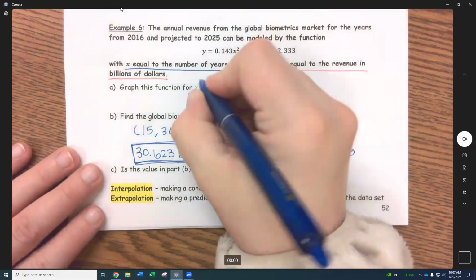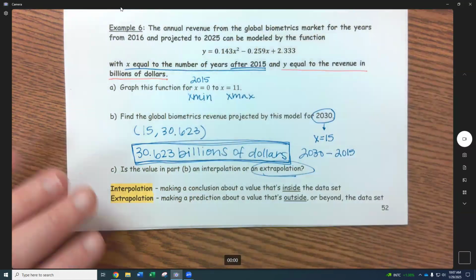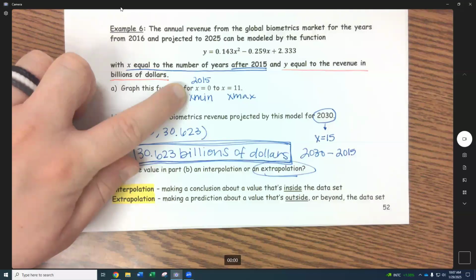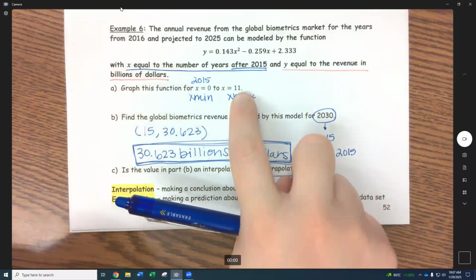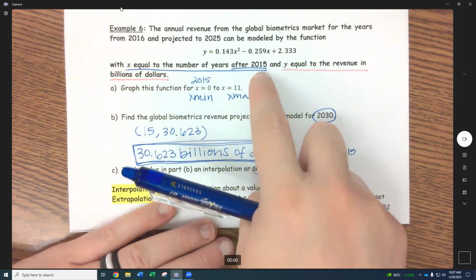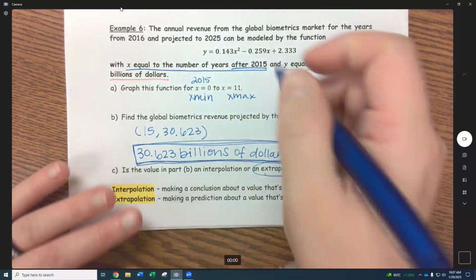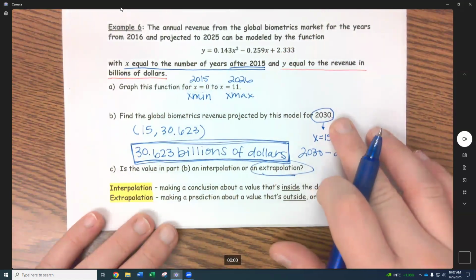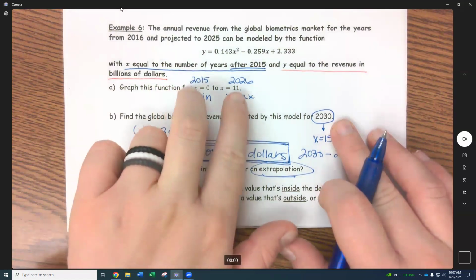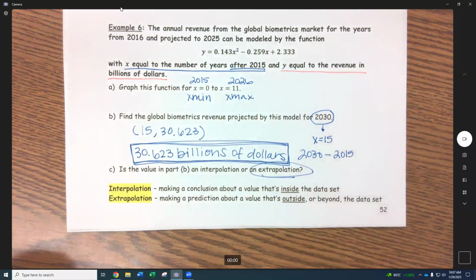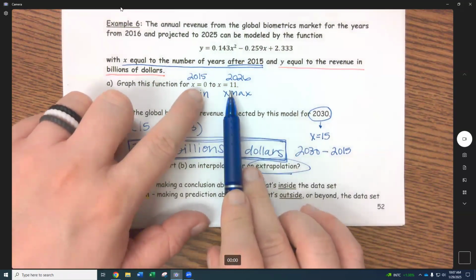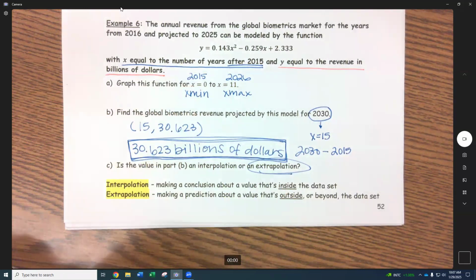That's the year 2015, because 0 years after 2015 is 2015. And what year does x equals 11 represent? 2015 plus 11 is 2026. Still, 2030 is outside of those two years, but we don't even need to calculate that, because the value I'm plugging in, x equals 15, is outside of those values as well. That's why we had to expand our graph in Desmos. So, extrapolation.